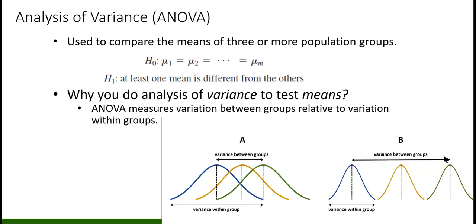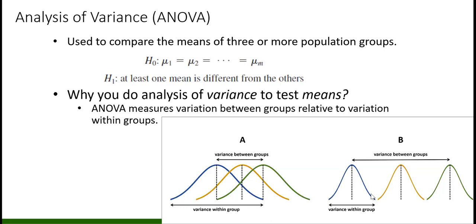That implies at least one of these groups is far from the rest, and you cannot assign the distance between these means to the variance within groups. That center cannot belong to the same distribution as the blue one.